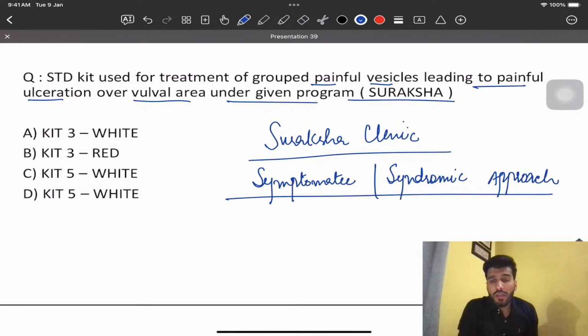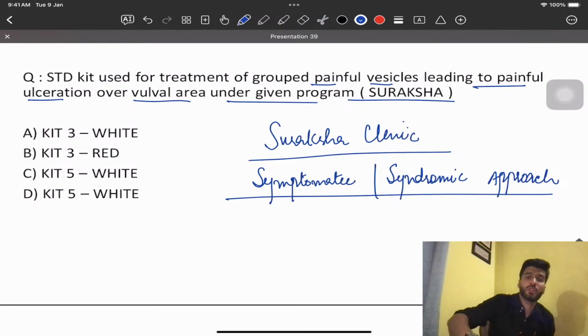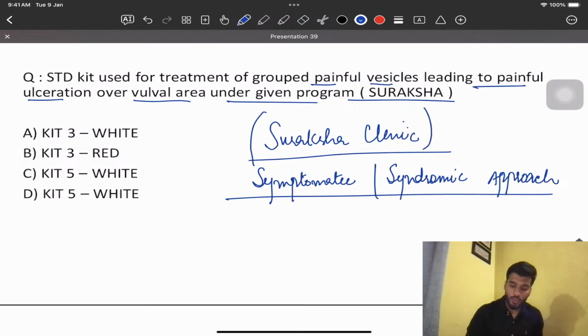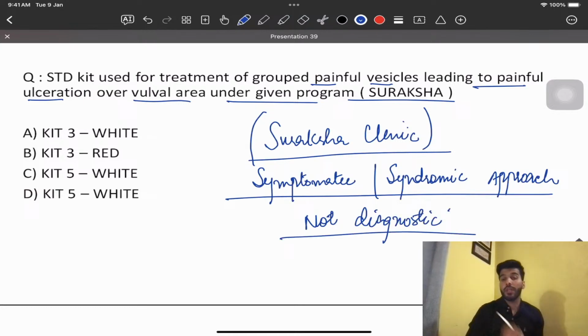Now you're not confirming what type of vaginal discharge it is, or the exact diagnosis, whether it's trichomoniasis, bacterial vaginosis, or candidiasis. You're just knowing that it is a vaginal discharge. So based upon the symptoms, you are giving the treatment. Such was the strategy for Suraksha Clinic, not diagnostic. They are just talking about the symptoms, and you're giving a particular drug with a particular kit.